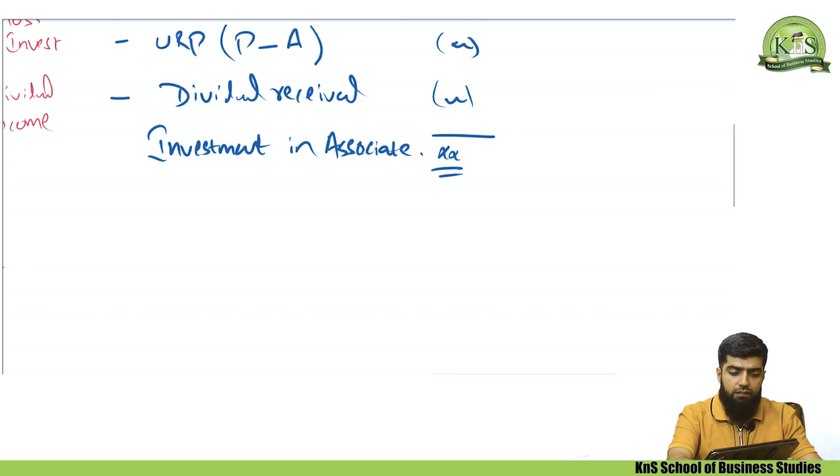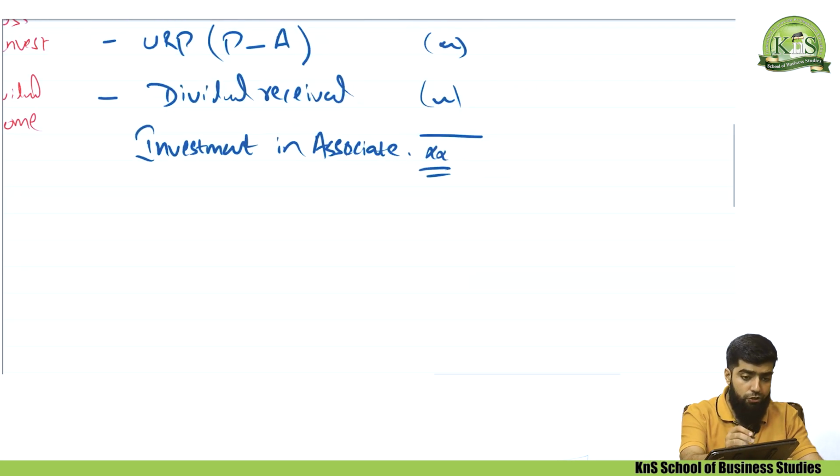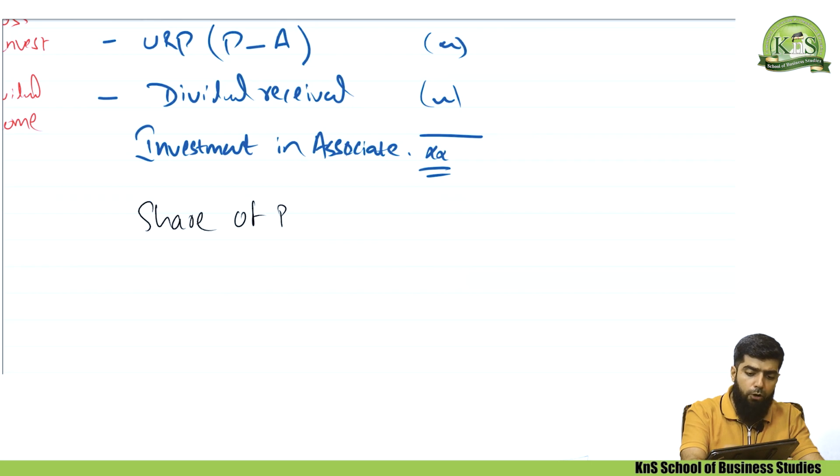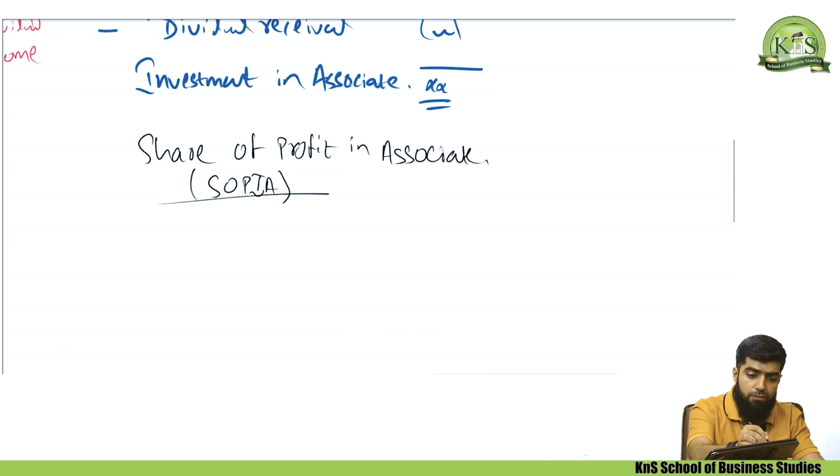Okay, another working that I should share with you, that is the working related to the share of profit in associate. So what maximum adjustment we need to account for, or how to calculate the share of profit in associate?